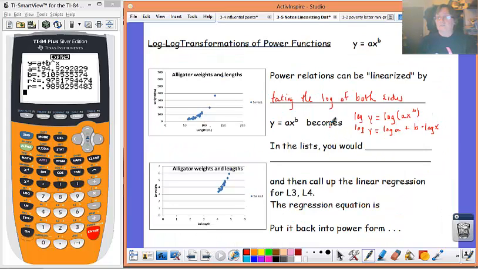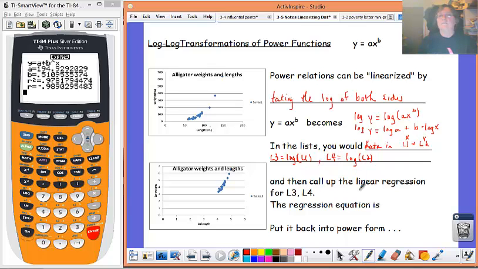So if we're going to do this in our list, we'd have our data in list 1 and 2, where list 1 is the x value and list 2 is the y. Then in list 3, we would put the log of list 1. That would be the log of our x's. In list 4, we'd put the log of our y values, so the log of list 2.